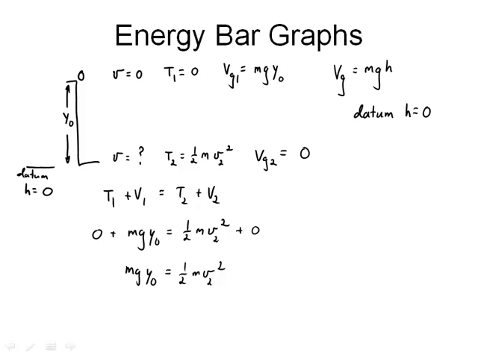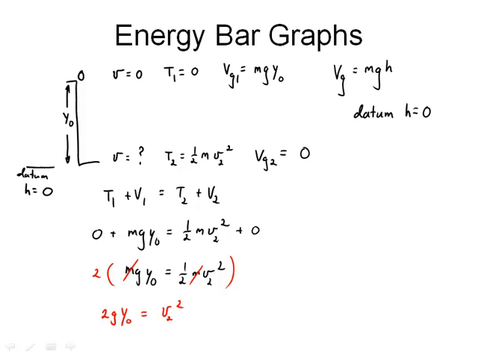If I cancel the m's, so the masses divide out on both sides, notice the velocity does not depend on mass, but we know that already. And let's bring the 2 over to the other side, so I'll multiply both sides of this equation by 2. When I do that, I get 2g y sub 0 equals v sub 2 squared.